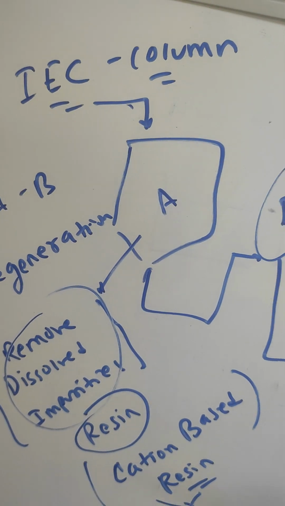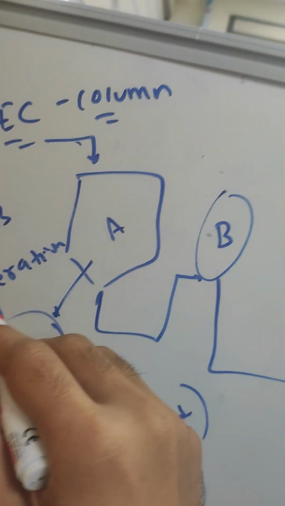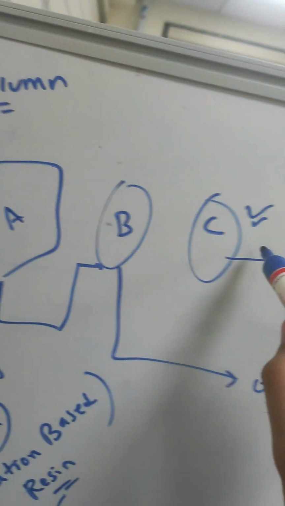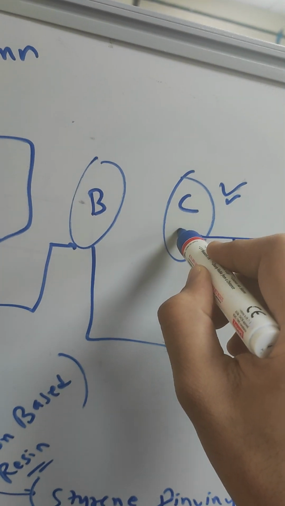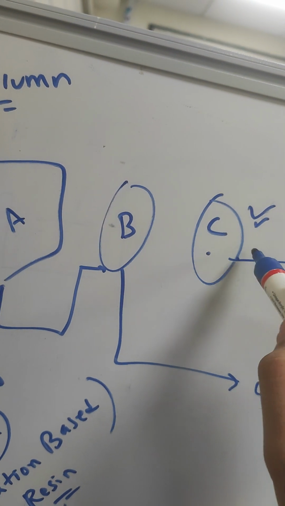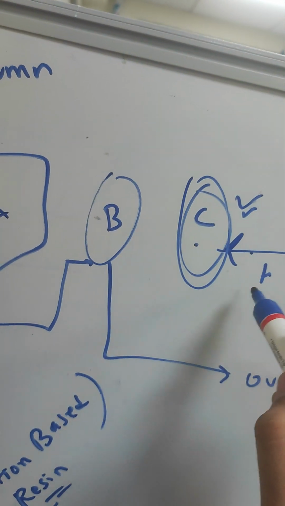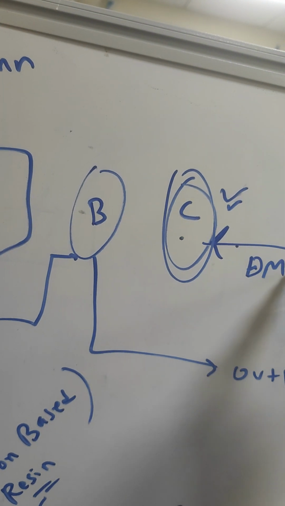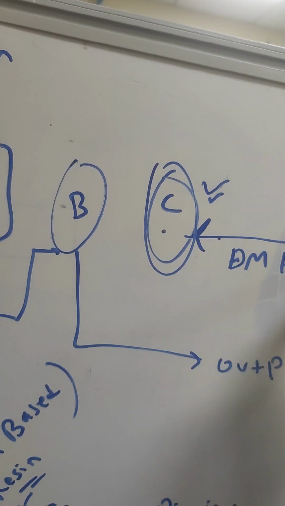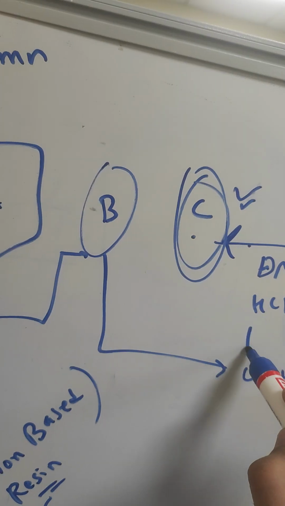So to regenerate the resin, we do regeneration. Like C is in regeneration, so we add some material to C so that the resin gets regenerated. The first step is to remove the brine, then we do DM washing, then we add HCl, and then we add caustic.